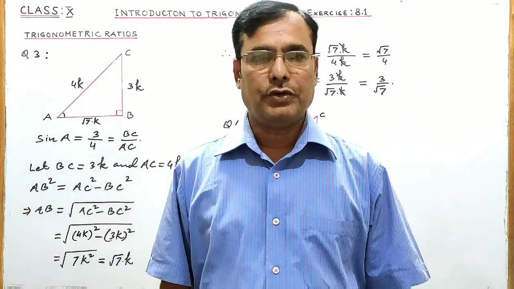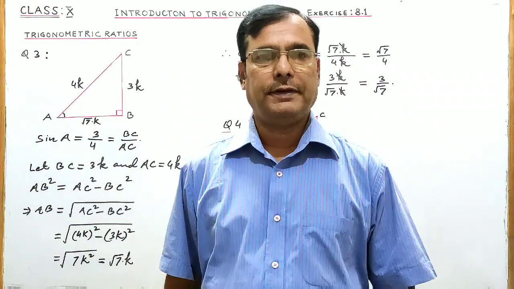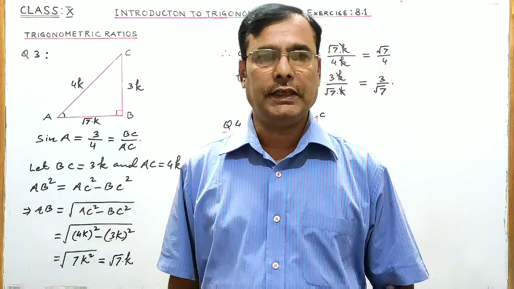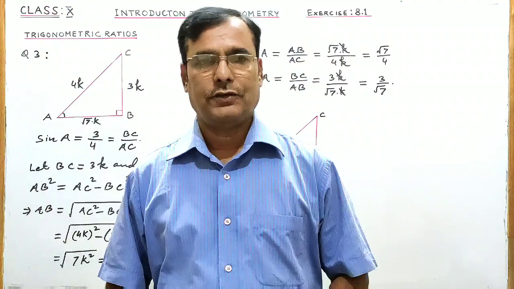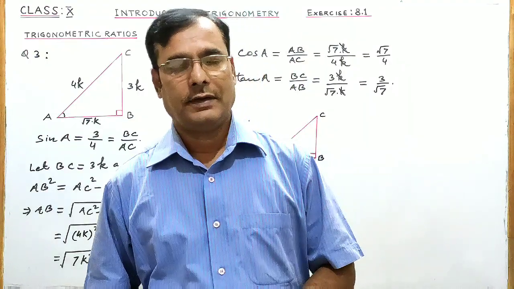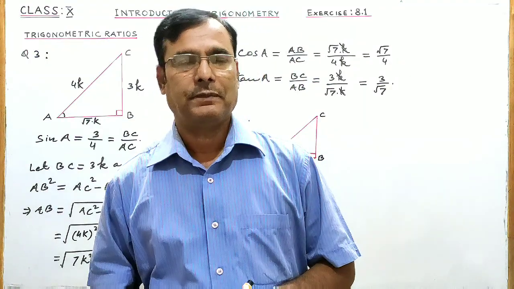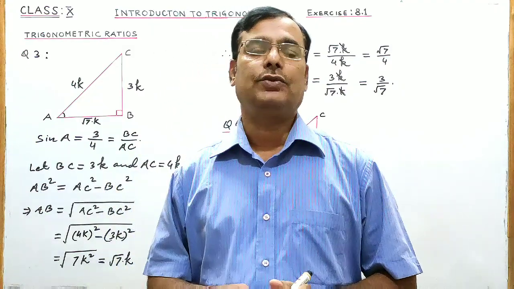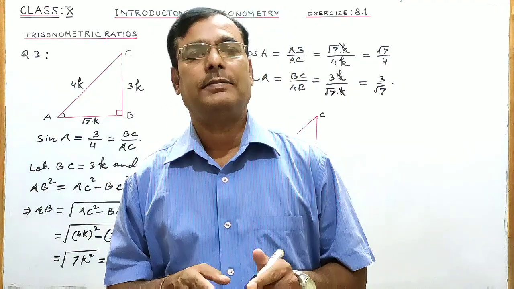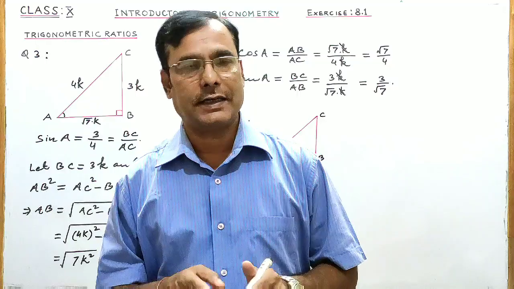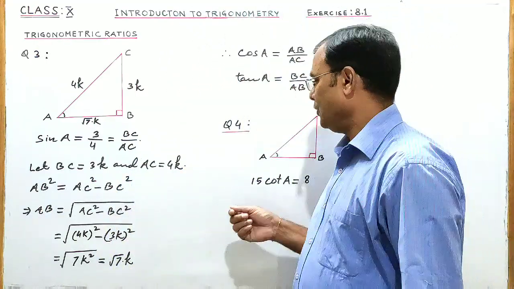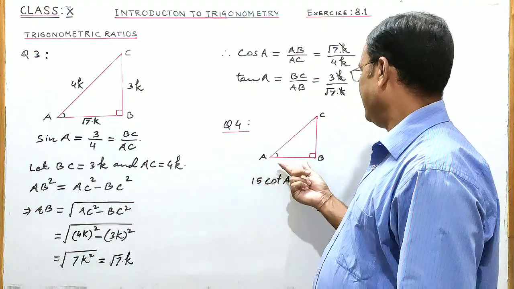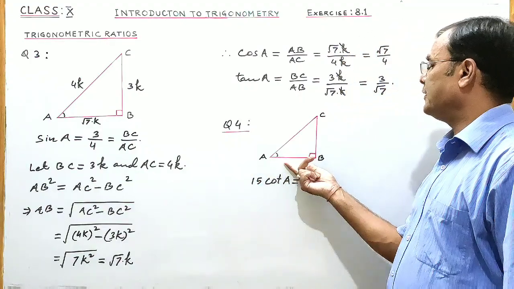Now question number 4. Given 15 cot A equal to 8, find sin A and sec A. So first let us draw a right angle triangle in which A is acute angle. So we have to draw a right angle triangle ABC right angled at B with acute angle A as shown here in this figure.